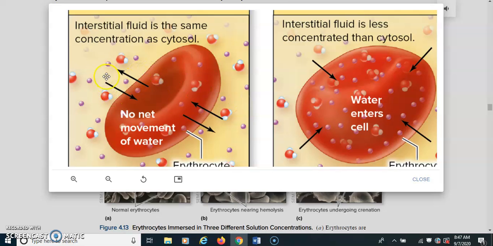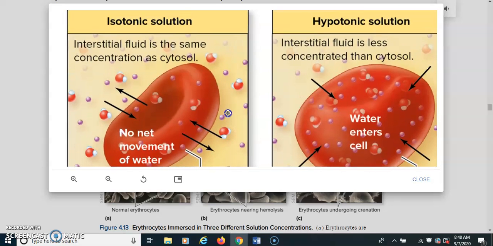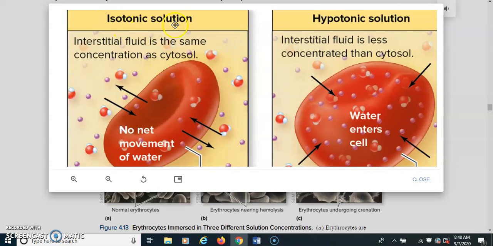And remember when we say isotonic, we're referring to the solute concentration being the same outside the cell as inside the cell. And let me find that word. Yeah, it's at the top here. So that's an isotonic solution.